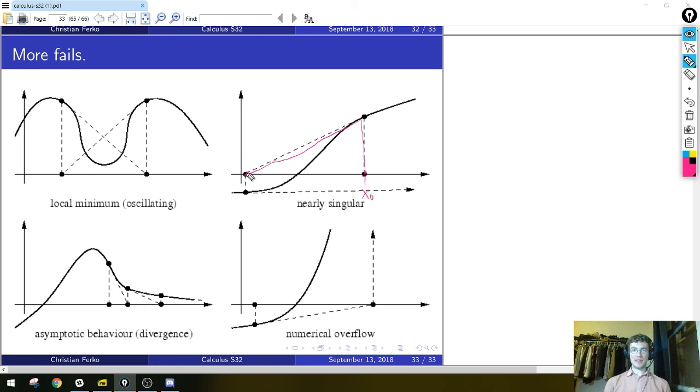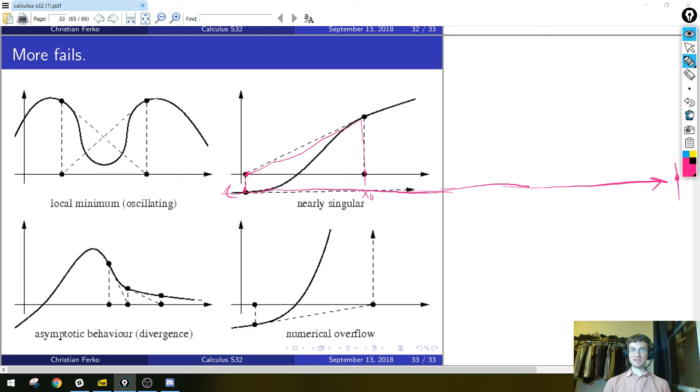And then I find the tangent line approximation around this point, and oh god, that thing is very close to horizontal, so the line is not very steep at all. Now I try to find where this thing is going to hit 0, and it sends me way over here, way off even the axes. So it sends me to something which is way over here, and now I'm very far away from the root. So this thing sent me on a wild goose chase. It's nowhere near the root.